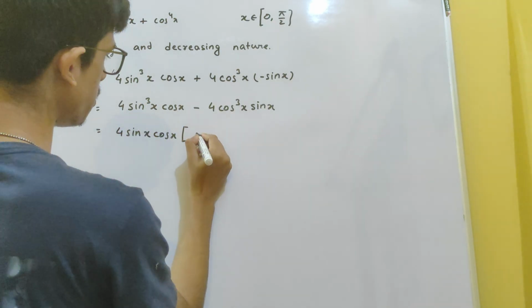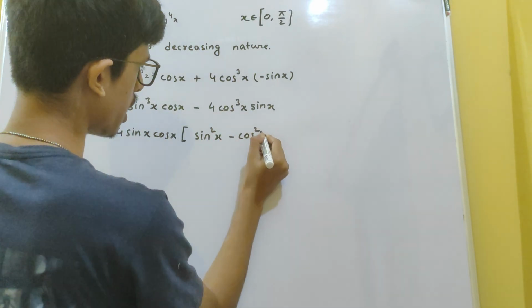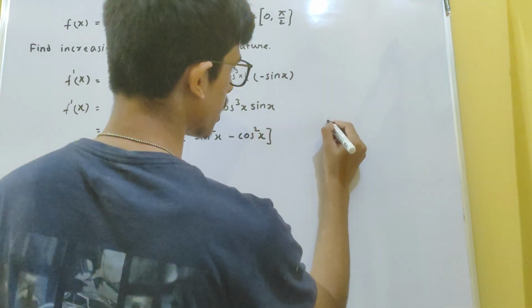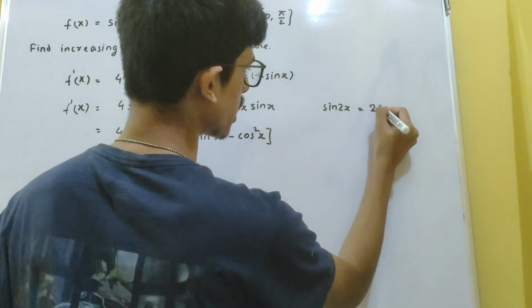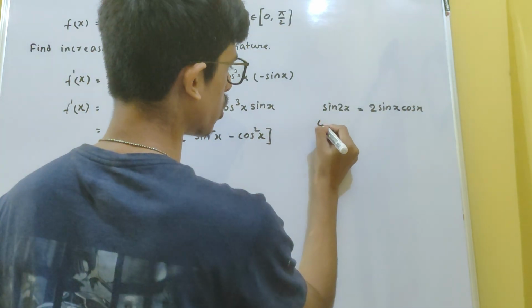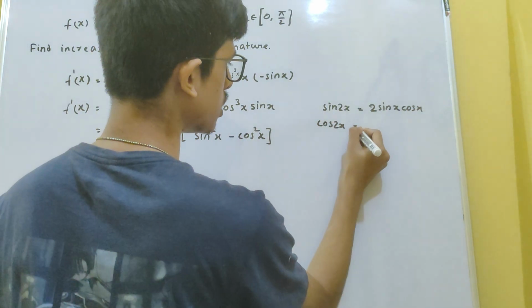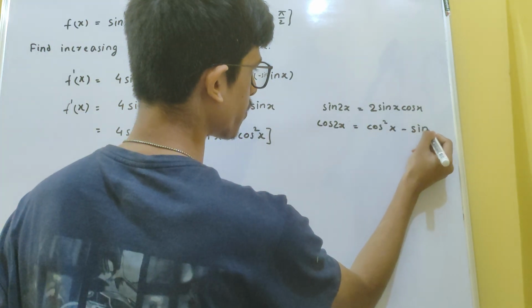After that we will be left with sin square x minus cos square x, and we have one identity that sin 2x is 2 sin x cos x, and cos 2x is cos square x minus sin square x.